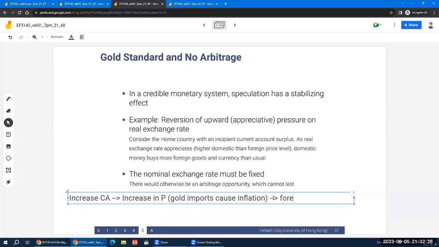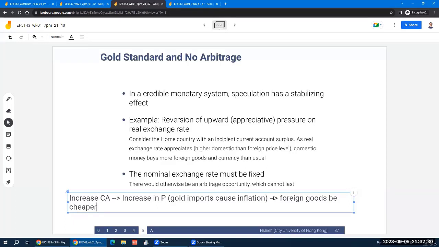What's going to happen next is foreign goods are going to be relatively cheaper, because domestic goods are more expensive because of the gold imports. And then countries are going to substitute away from our domestic goods to our foreign trading partners.